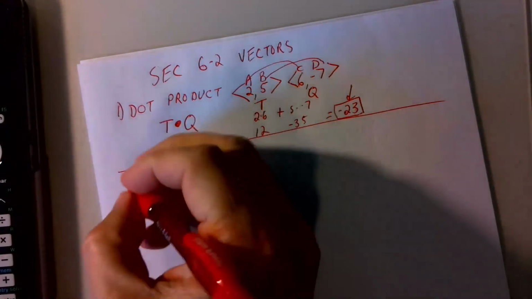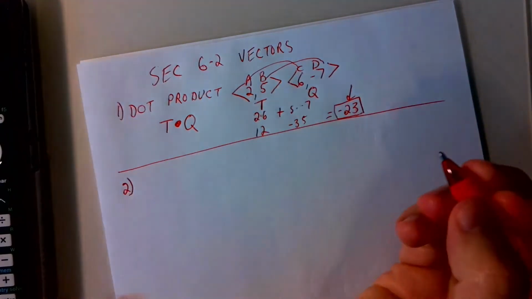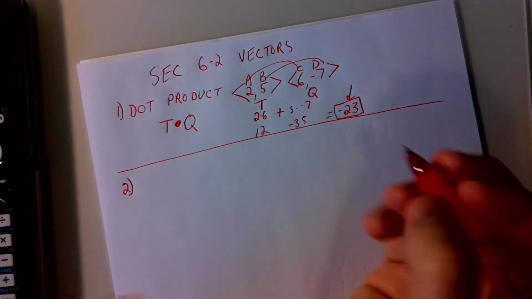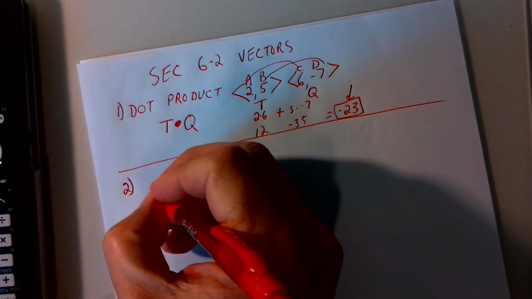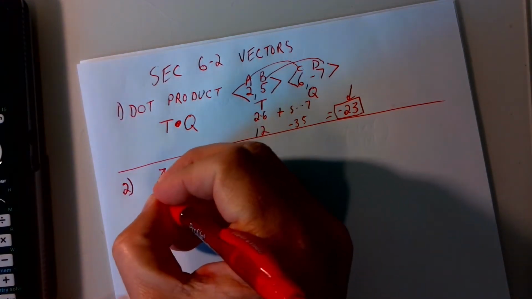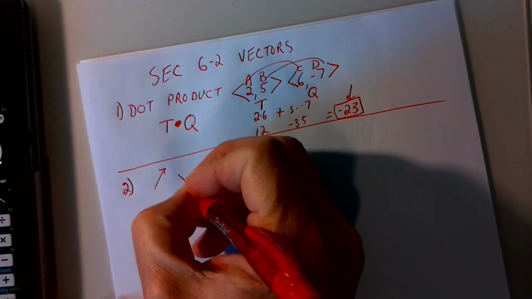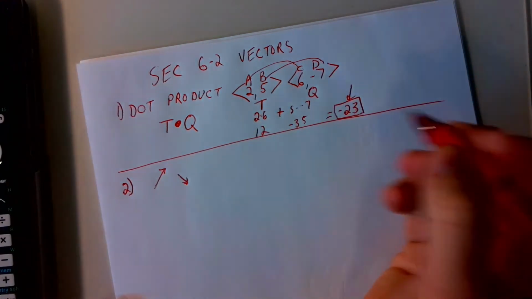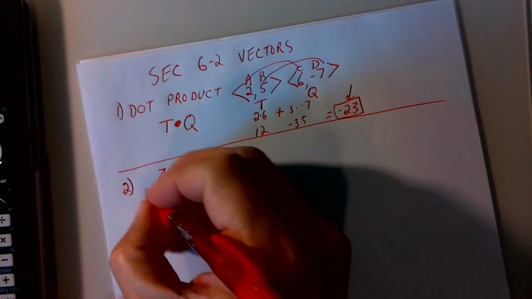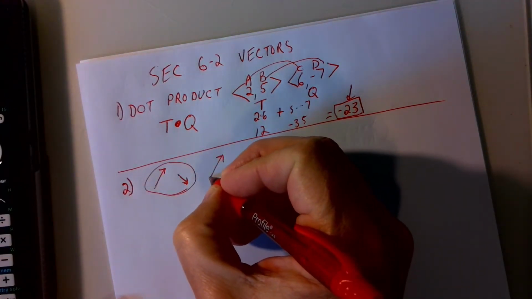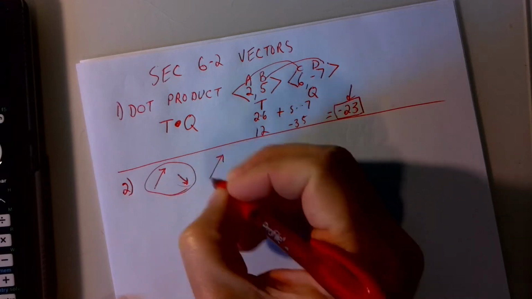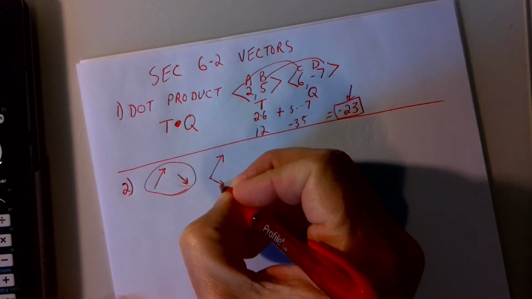Now let's talk about where it comes into play, or at least a couple different places where it comes into play. So the first one we're going to do is, let's say that we had two vectors like this, and another vector that went like this. And if we put those two things together, one would be here, like that. And then I put the other one in this direction, this distance, going like this.